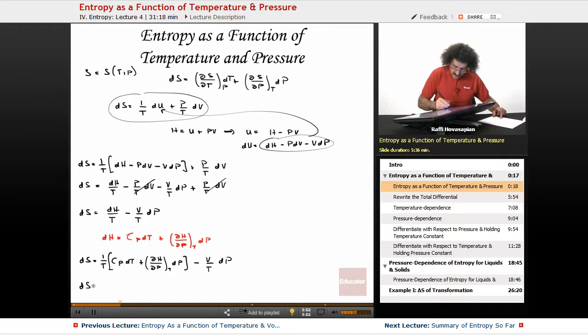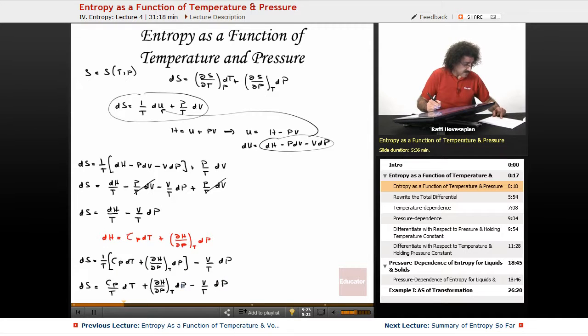I get dS equals Cp over T dT plus (dH/dP) at constant T dP minus V over T dP.